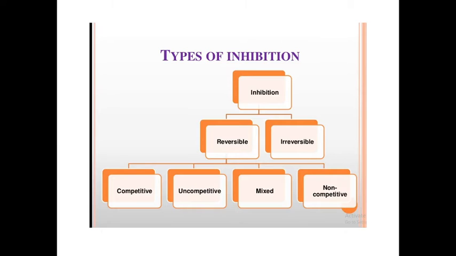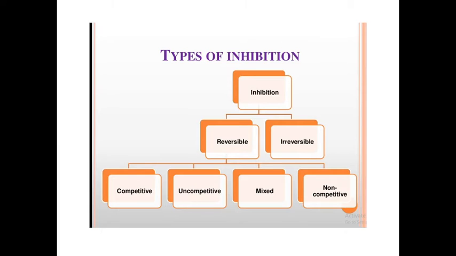It cannot be reversed back, so that is irreversible. There are enzymes inhibited because of poison or antibiotics or insecticides. All these can cause inhibitions, and there will be no reversal. So the enzyme can be inhibited by a reversible or non-reversible method.